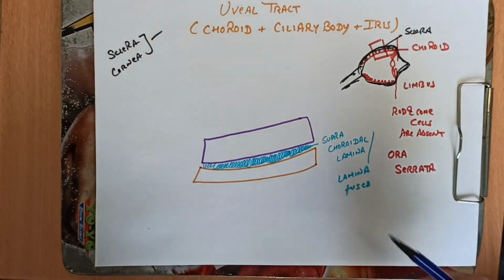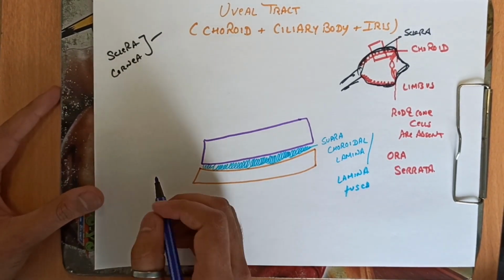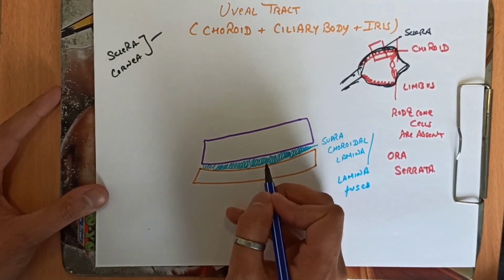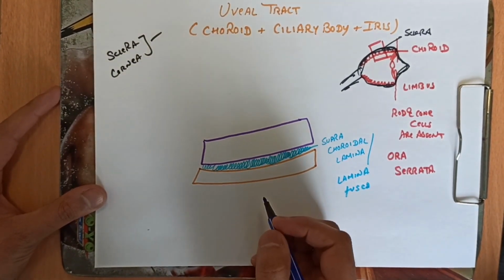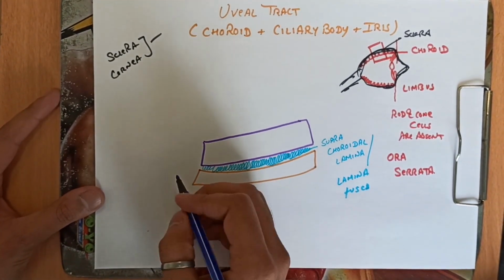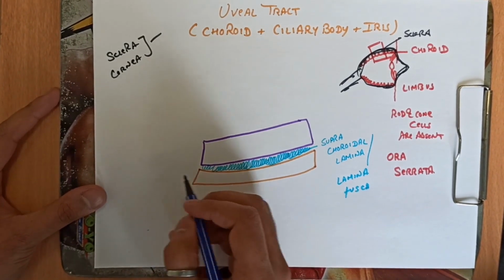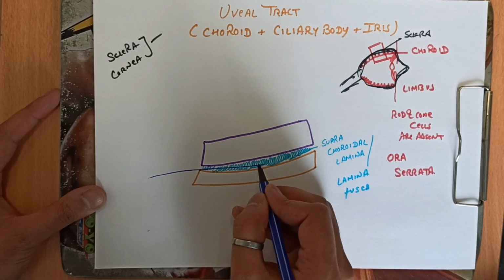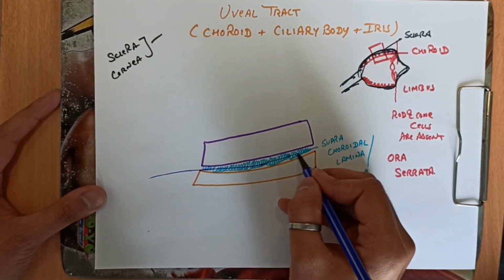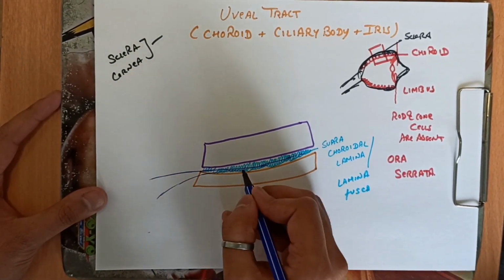Now, what is the function of lamina fusca? From this space, the arteries which supply the eyeball pass mainly. There are posterior short ciliary arteries going on from here and long ciliary arteries going on from here.